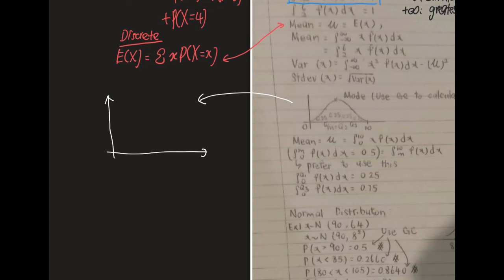Let's say you have a continuous graph like this, and you want to find the mode. The mode is actually here. The x value is the mode. I don't know what function to take, so I just put it in general, y equal to f(x).